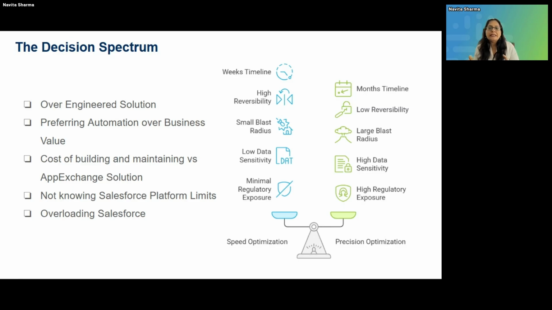I do not see that as an opportunity for automation. So many times we jump on automation looking at the requirement, but we don't understand whether it is really giving business value. I've seen a lot of examples where we build complex decision flows, complex ticket transfers, automations, but when it comes to business, they say, no, I don't want it.